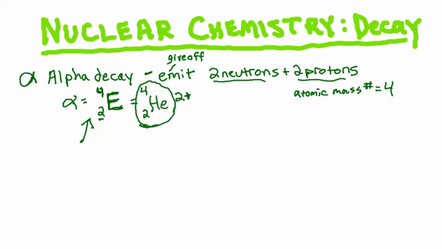So this alpha decay is the same thing as emitting a helium atom without its electrons. So 4 is the mass and 2 is the number of protons. And this is called alpha decay.